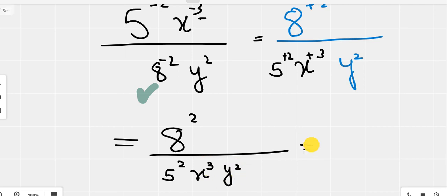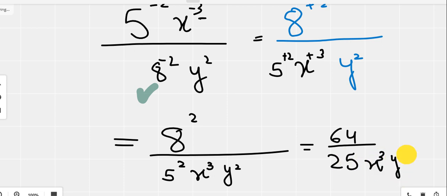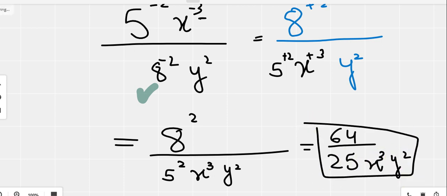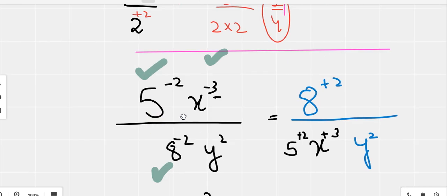So 8 squared means 8 times 8, which is 64, over, you will do 5 squared, which is 25, x cubed y squared, and that's our answer. So when you have 2 terms or 3 terms in fraction form, in numerator and denominator, with negative numbers, you can flip them and make them positive, and then you can solve it.